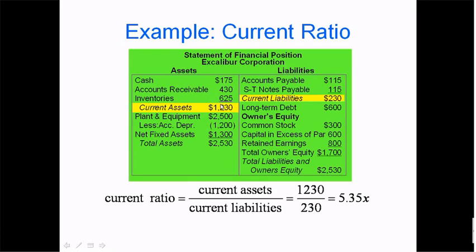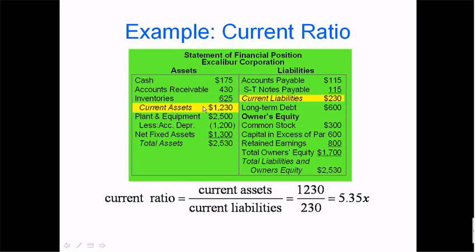So the total current assets is 1230 divided by current liabilities of 230. So 1230 divided by 230, you get a current ratio of 5.35 times. In other words, your current assets are 5.35 times greater compared to your current liabilities.